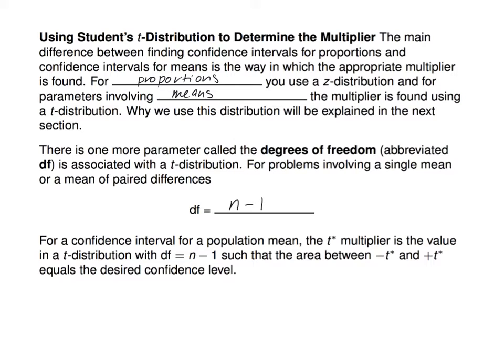And the picture on that table is still bell-shaped, symmetric. The difference is that the tails are a little bit fatter. For a confidence interval for a population mean, the t-star multiplier is the value in a t-distribution such that the area between negative t-star and positive t-star is the confidence level you want. So let's use this table to actually find that multiplier for a few things.